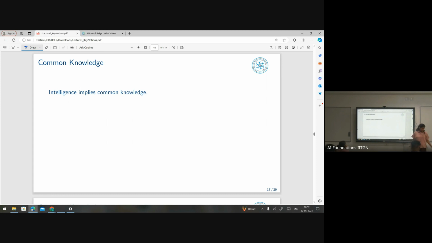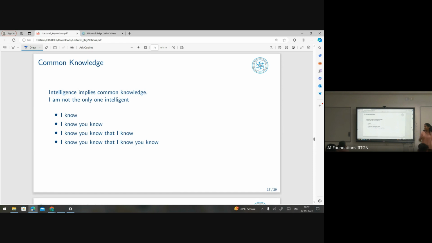This means that I am not the only one who is intelligent. Everybody else is. I know it. So if I know I am intelligent, I also know that you are intelligent. I know that you are intelligent, and I also know the fact that you know that I am intelligent. So when you know that I am intelligent, you'll act accordingly, and I know all of this. And like that, you can keep going on. I know you know that I know you are intelligent, and so on.